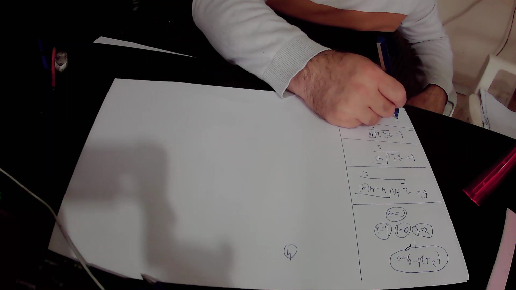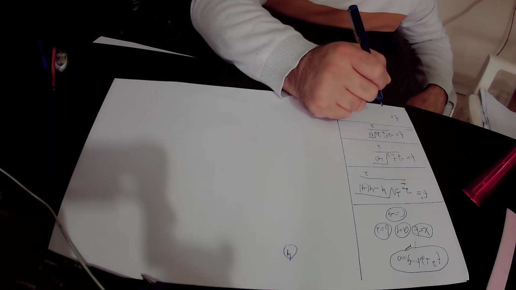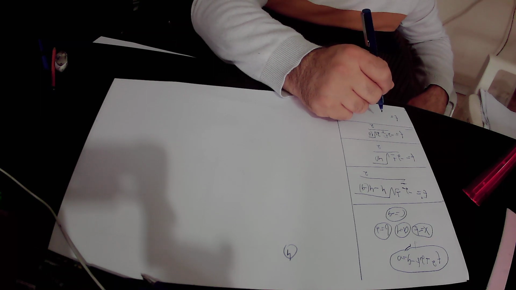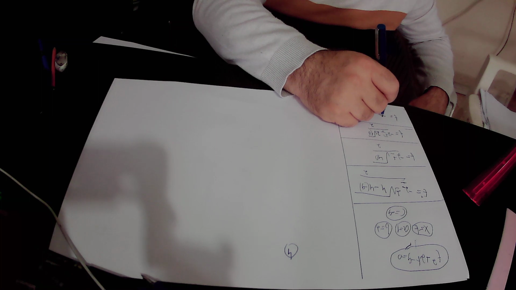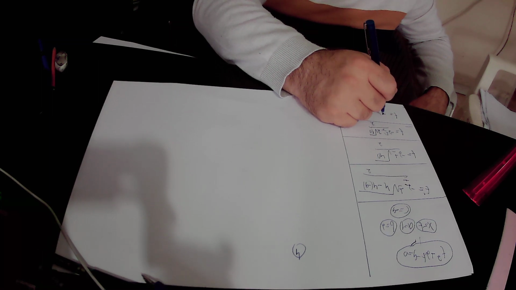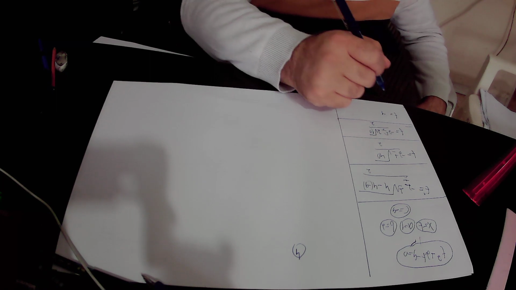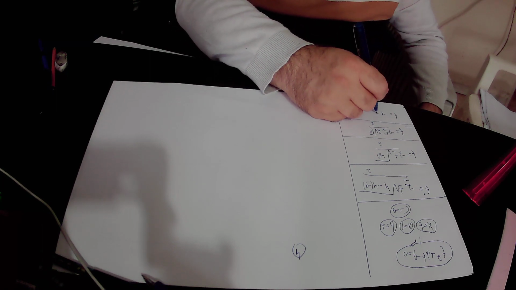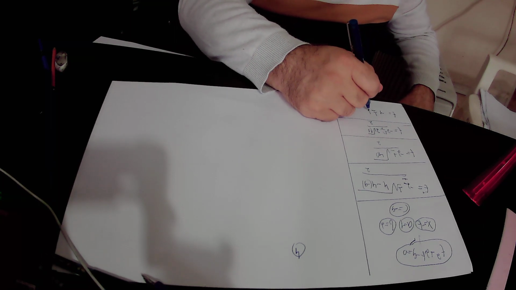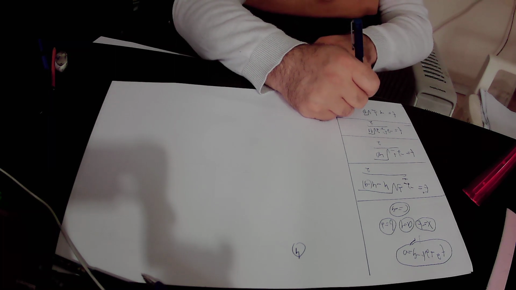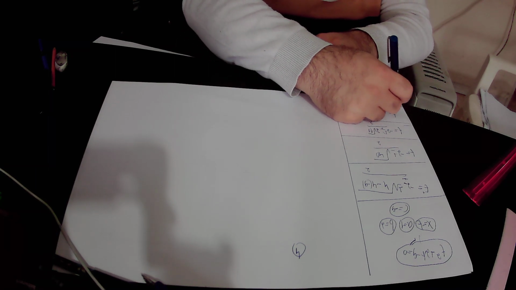So t equals minus 1 plus minus, 2 over 2 is 1. In conclusion, we found that t equals minus 1 plus minus square root of 10.